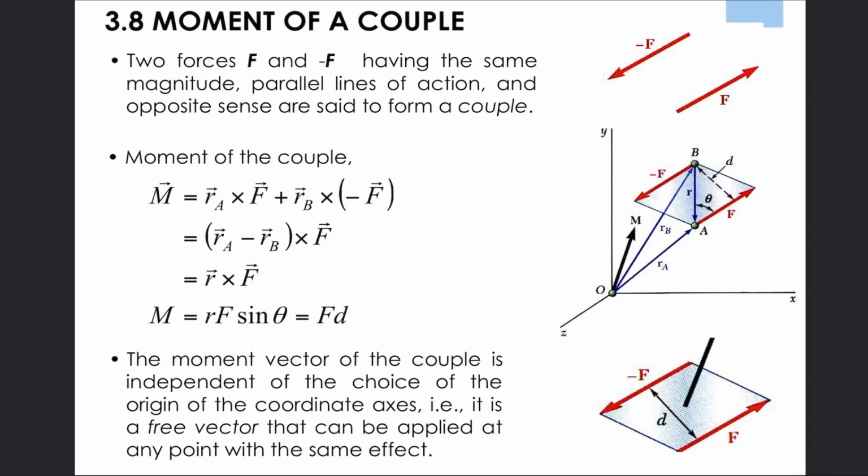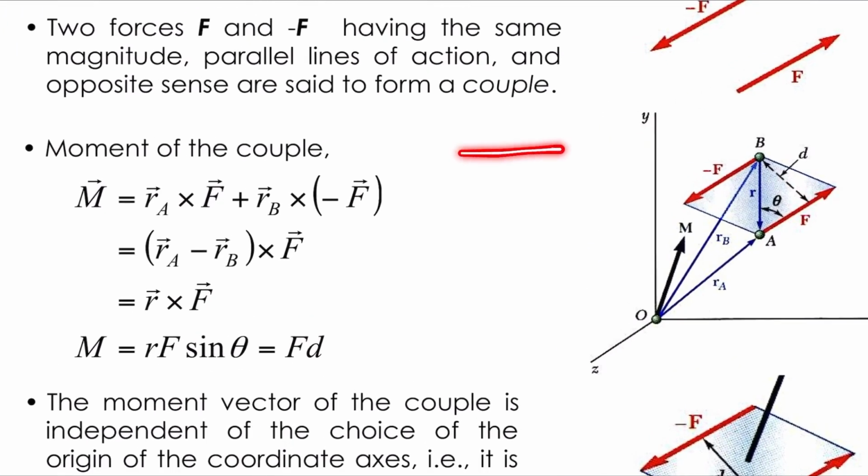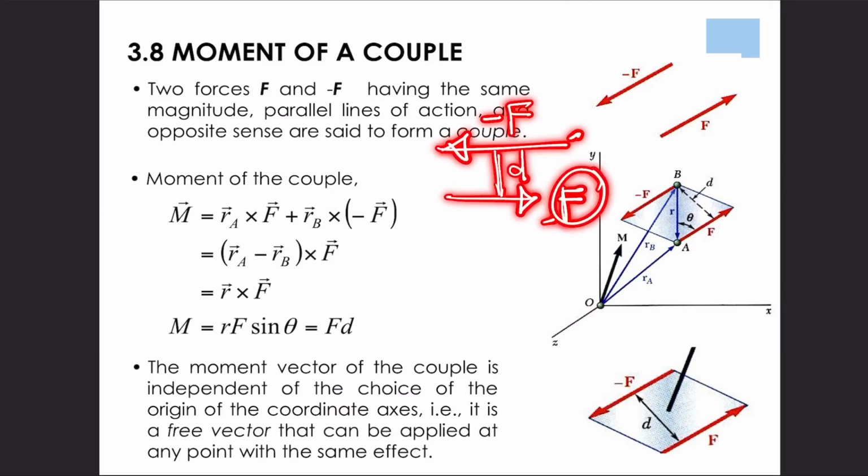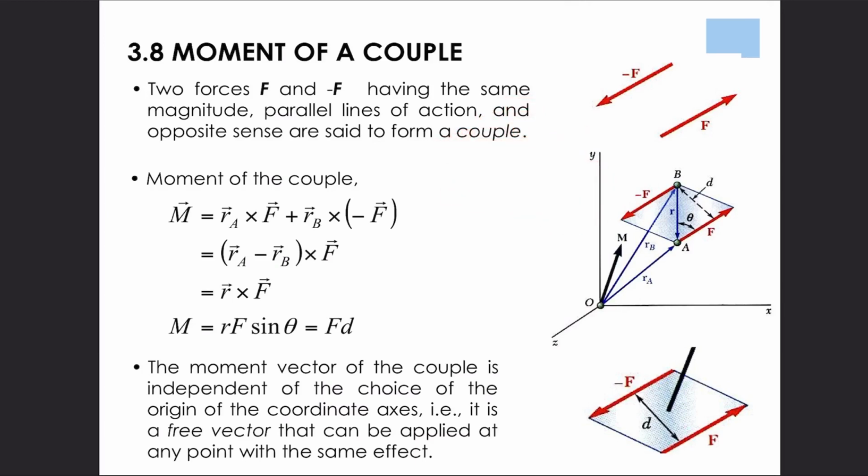distance. Or if you have two forces, F and negative F, this distance is the perpendicular distance between these two forces. So the magnitude of force F times perpendicular distance.